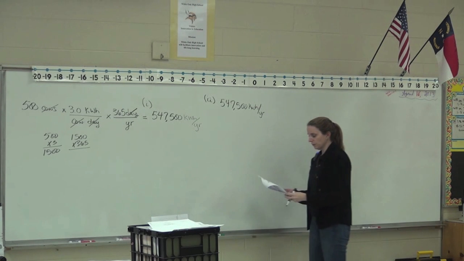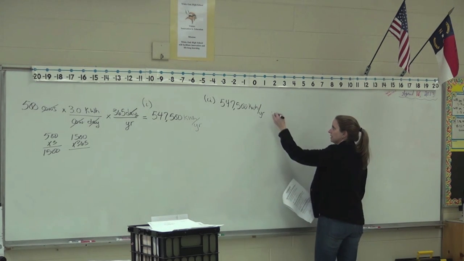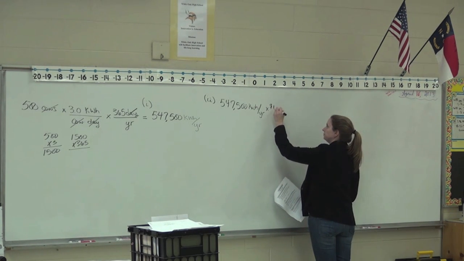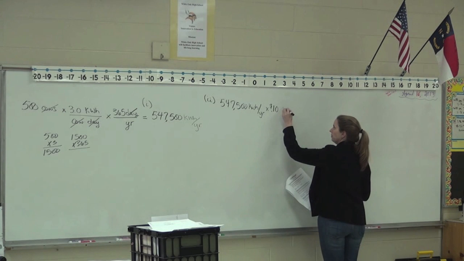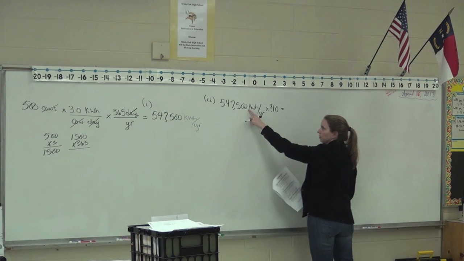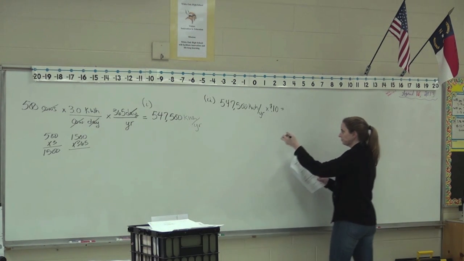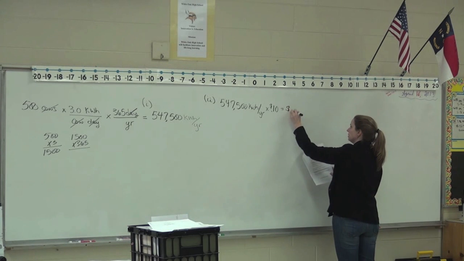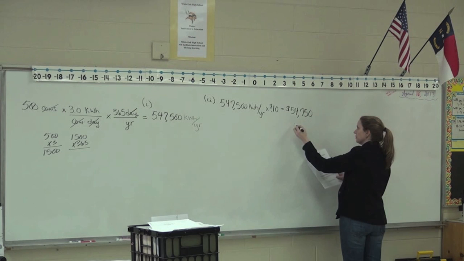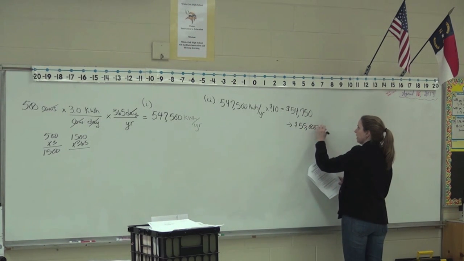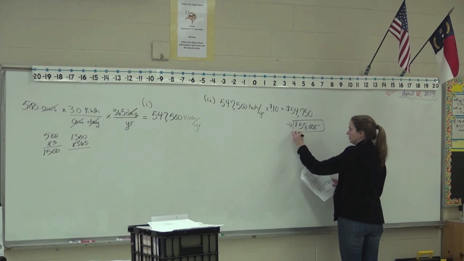If the cows are making that, it's saving us 10 cents, or 0.10 dollars. If we just multiply by 10, that's moving the decimal just once, so it's going to save $54,750, which we can round to about $55,000 because they said to round to the thousands.